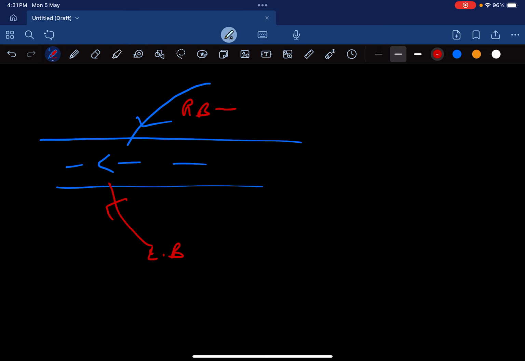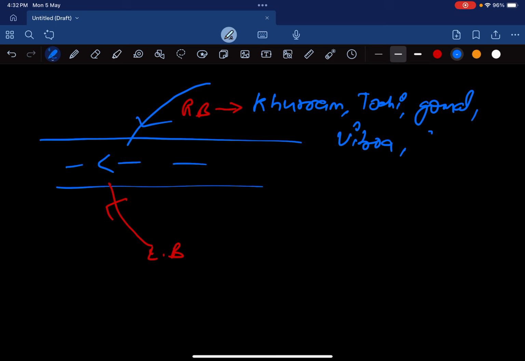So if you talk about the right bank tributaries, so these are Khurram, Tochi, Gomal, Viboa, and Sangar. Sangar. Let me write it more clearly.